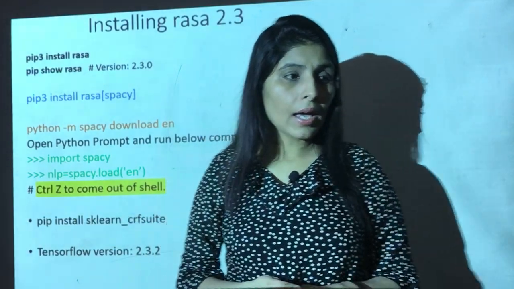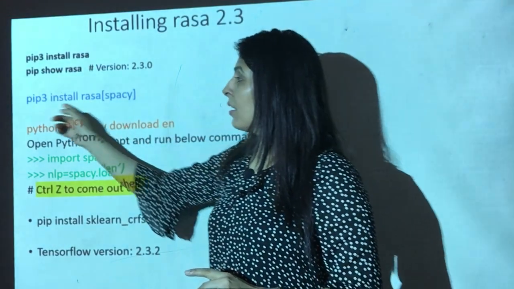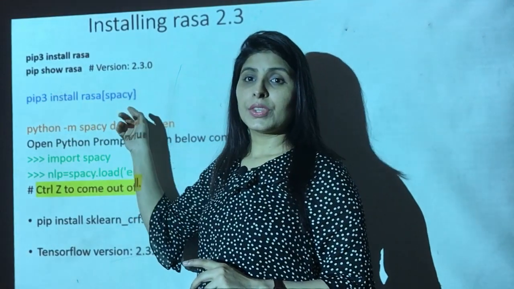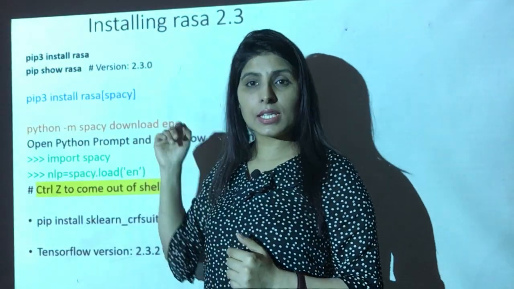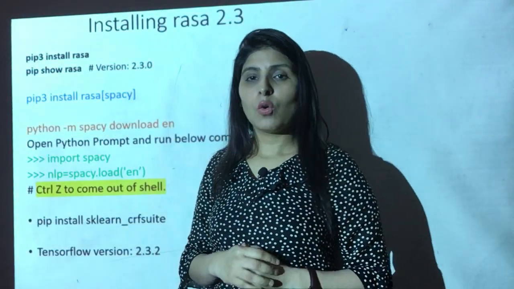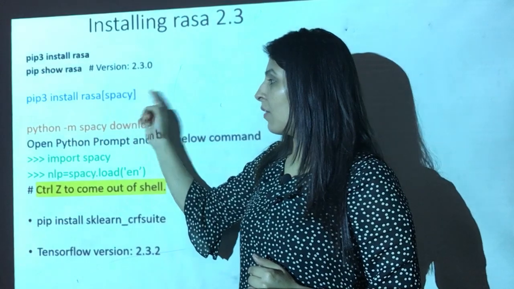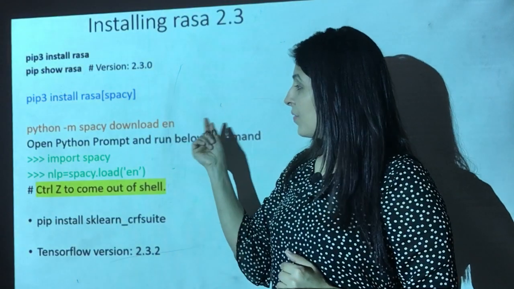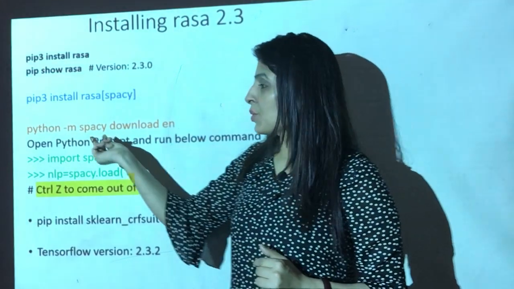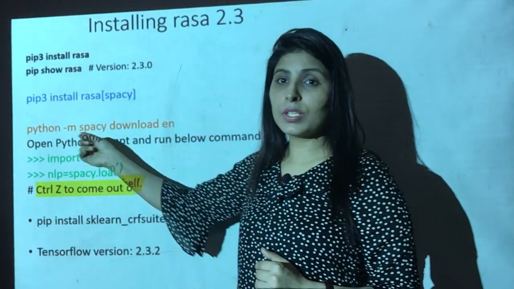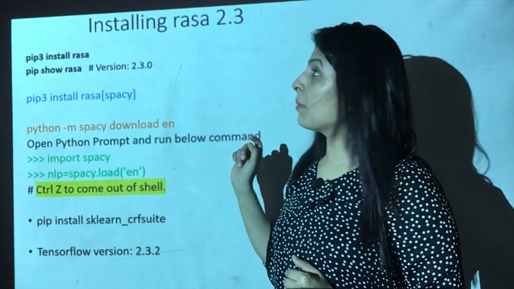After that we are running this command to install the spaCy module. Once you install Rasa and spaCy, we are downloading an EN model using spaCy. So you need to execute this whole command for this.